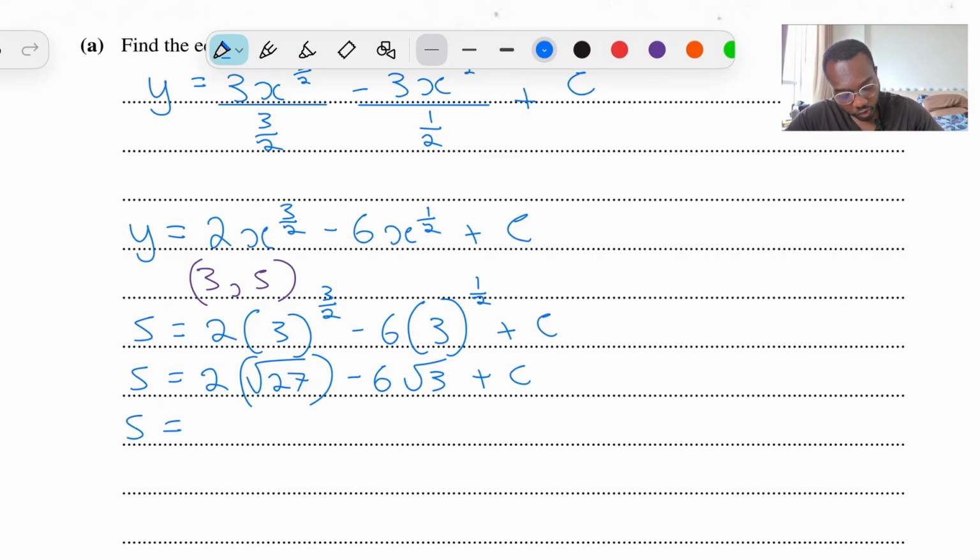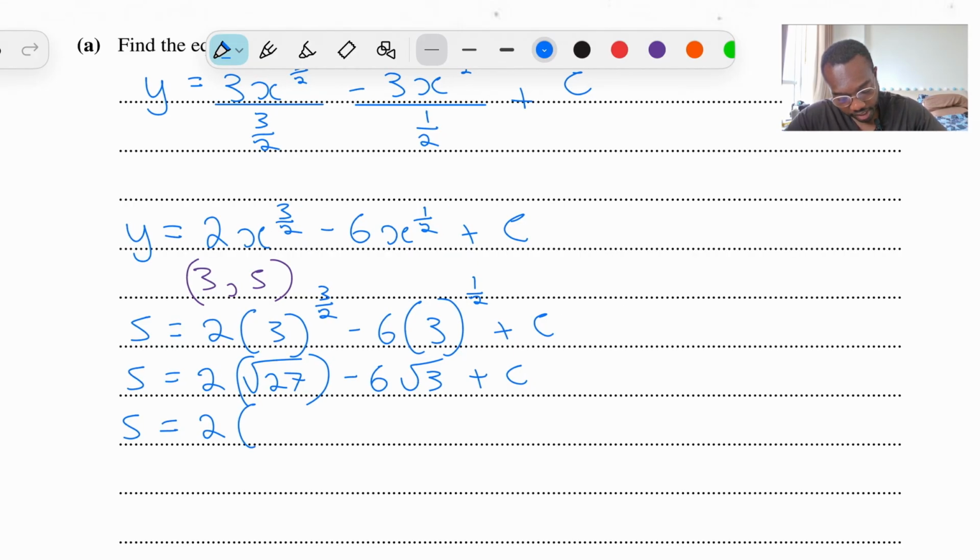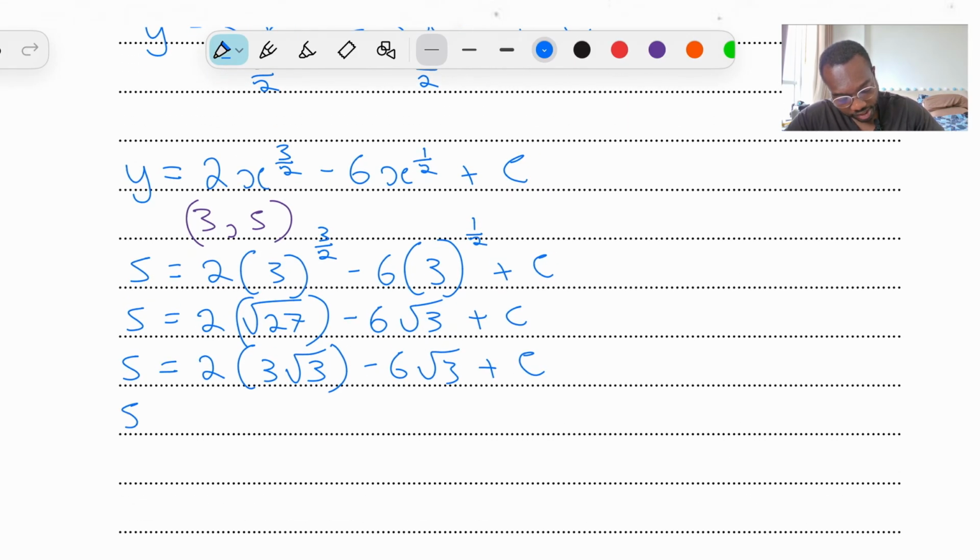Now with the root of 27, we get a 2 here. If we write the root of 27 in surd form, we actually get 3 root 3. And then we also have minus 6 root 3 here, plus c. Therefore they cancel out, because we end up with 6 root 3 minus 6 root 3 plus c, and we're just left with c being 5.